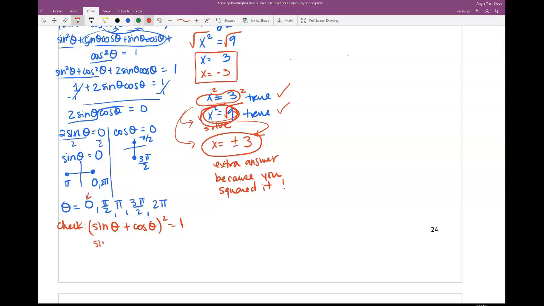So sine of 0 plus cosine of 0, squared, question mark, equals 1. Well, sine of 0 is 0. So 0 plus 1, everything squared, equals 1. Checked, I can keep 0.